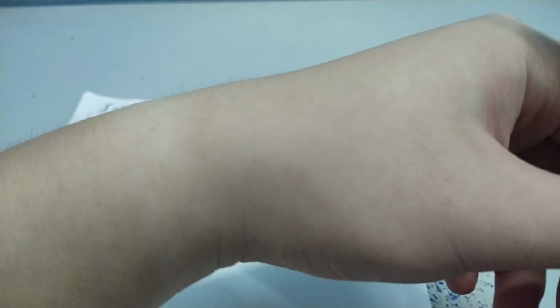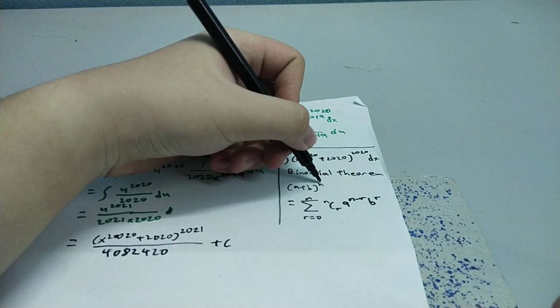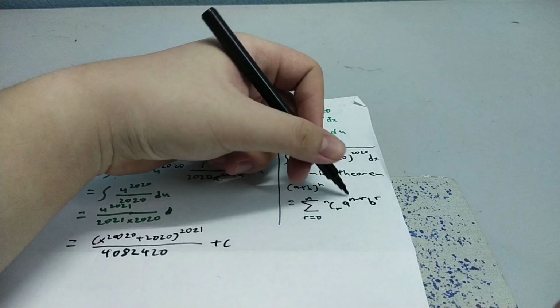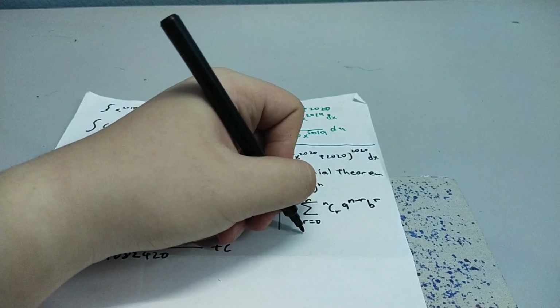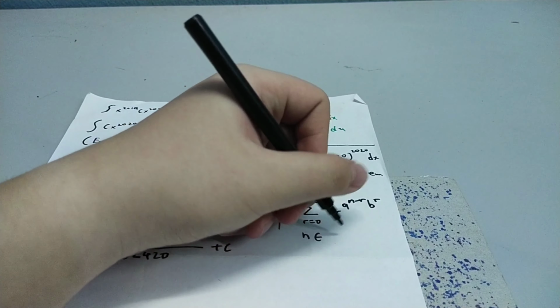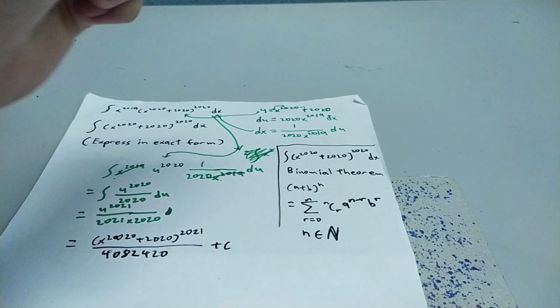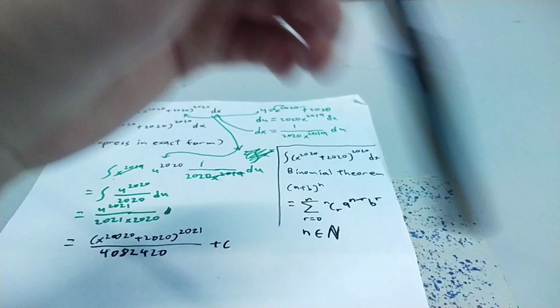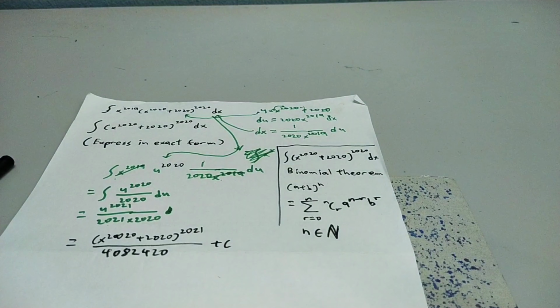We can use this binomial theorem, and in fact, because n is involved in the limit of the summation, n must be a natural number, because if you know how the summation works, well, good for you.